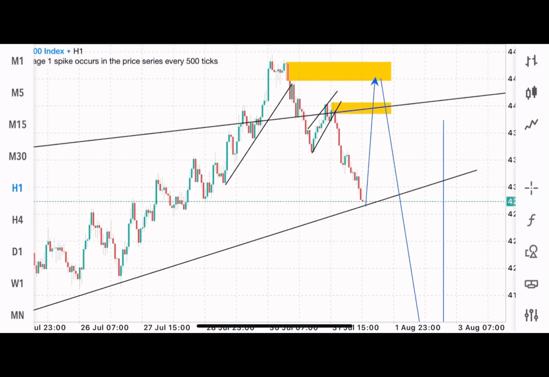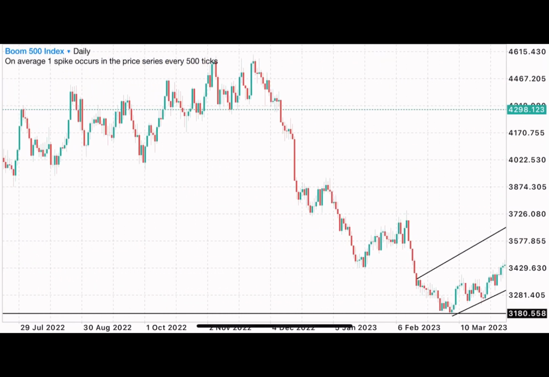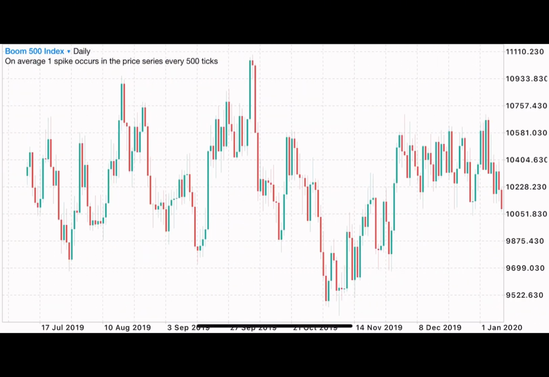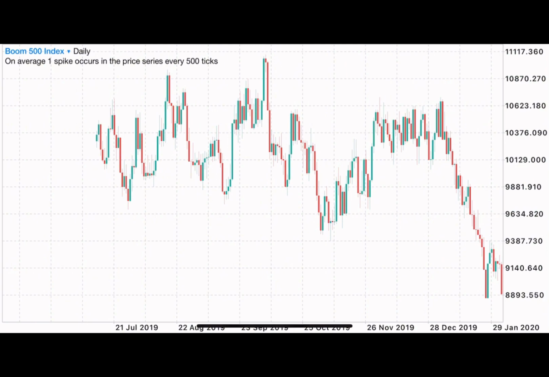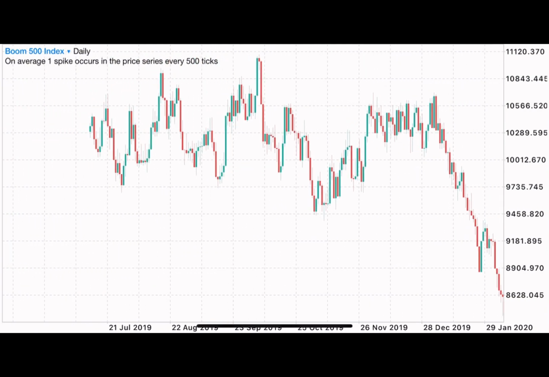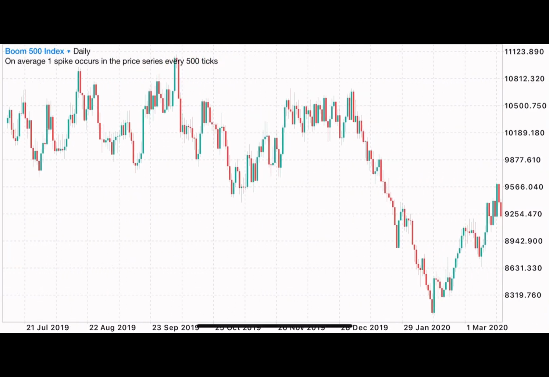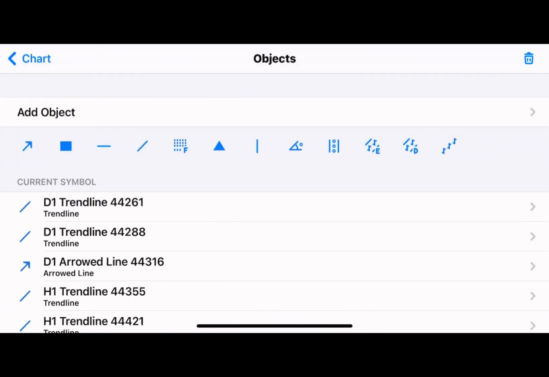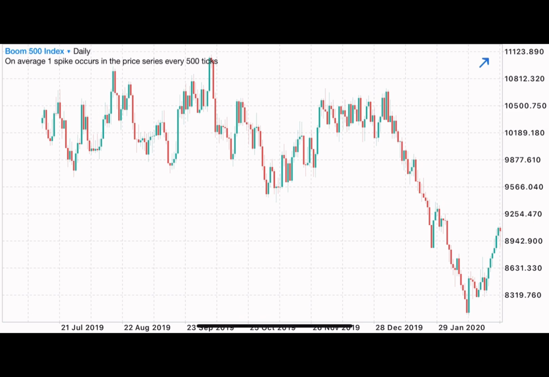Let me go back to what I wanted to illustrate: how this boom and crash really move, starting from 2019. The thing you must be really good at is identifying structure.